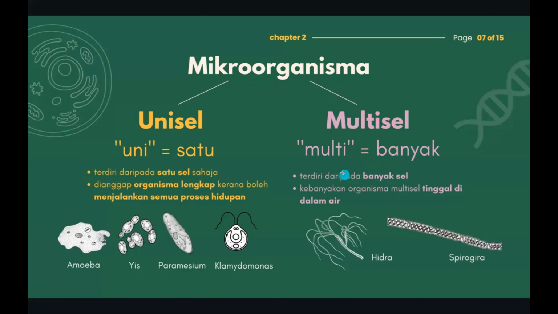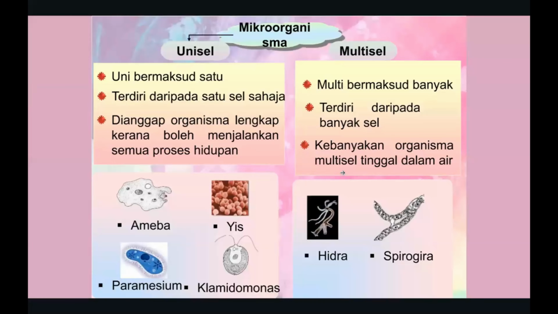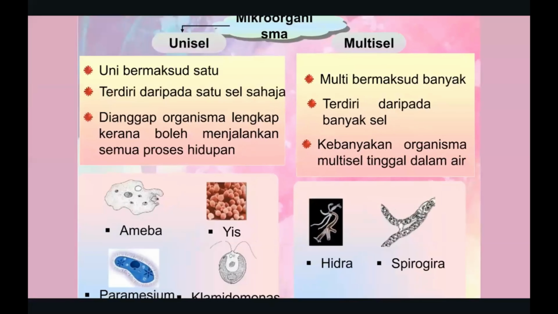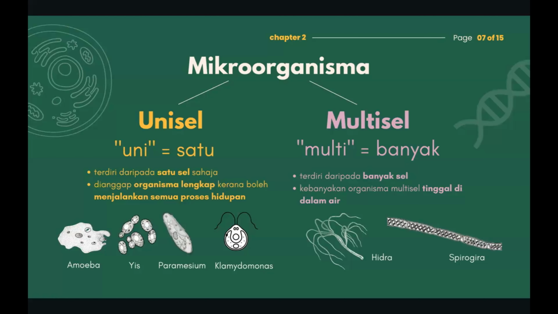So instead of having so many words, you can deliver it visually by explaining uni means satu, like very big. You don't need to put it in words. Uni bermaksud satu. Bermaksud, you can just change it into a symbol of sama dengan, right?